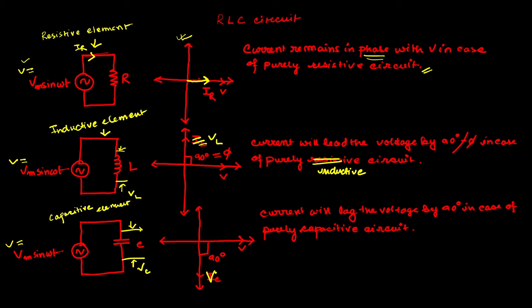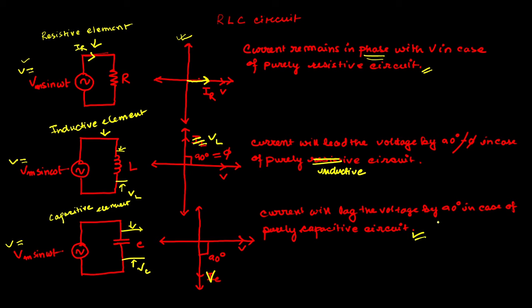Now here we can see that the voltage drop phasor across the capacitance is lagging the supply voltage by an angle of 90 degrees. So we can say that the current will lead the voltage by 90 degrees in case of a purely capacitive circuit.